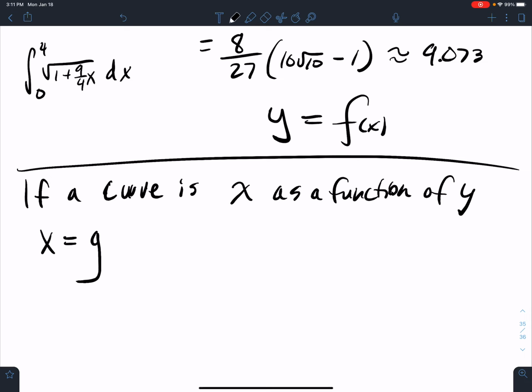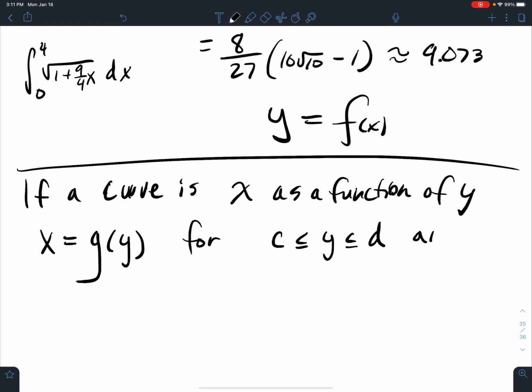So instead of y equals f of x, it's x equals g of y maybe, for some c ≤ y ≤ d. So y is stuck between c and d. And the derivative of g is continuous on this interval.